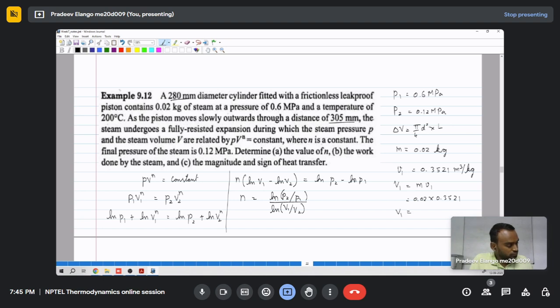Sir, V1 is 7.042 into 10 power minus 3 meter cube.